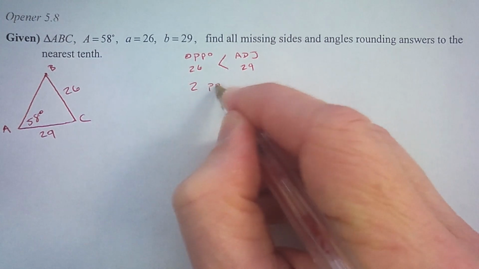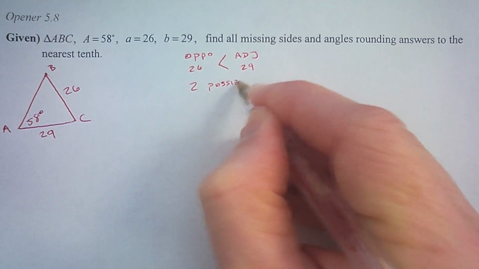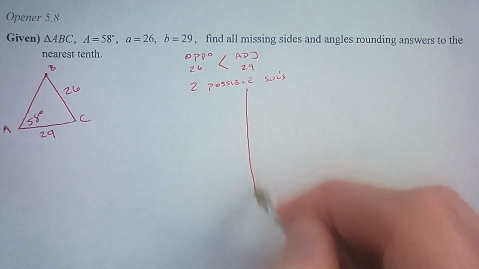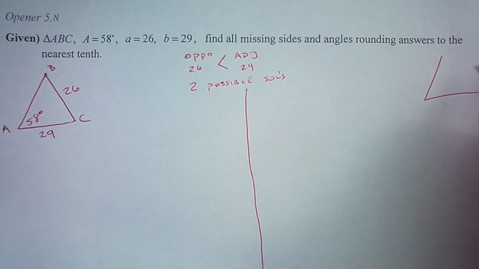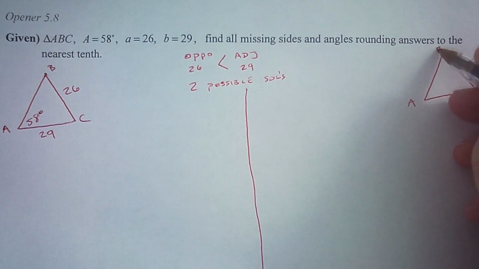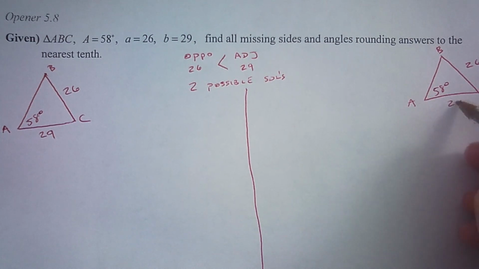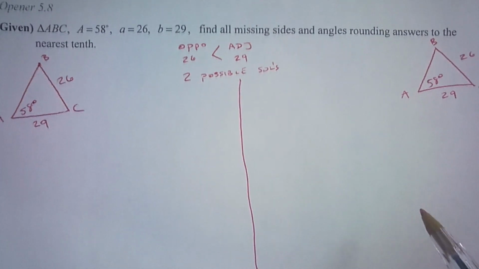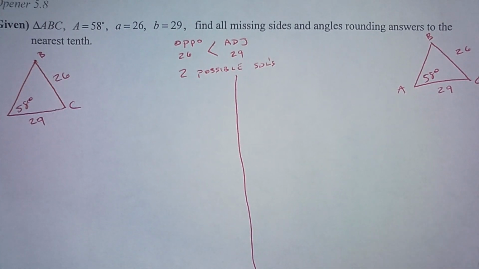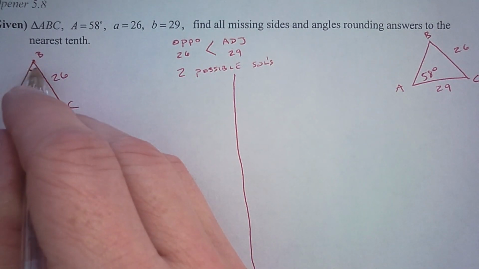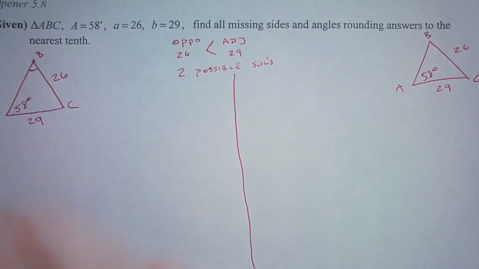So there are 2 possible solutions. So we had angle A is 58 degrees, side A is 26, and side B is 29. So we will fill out 2 solution sets. Okay, so we have angle B as the first thing that we can find here.